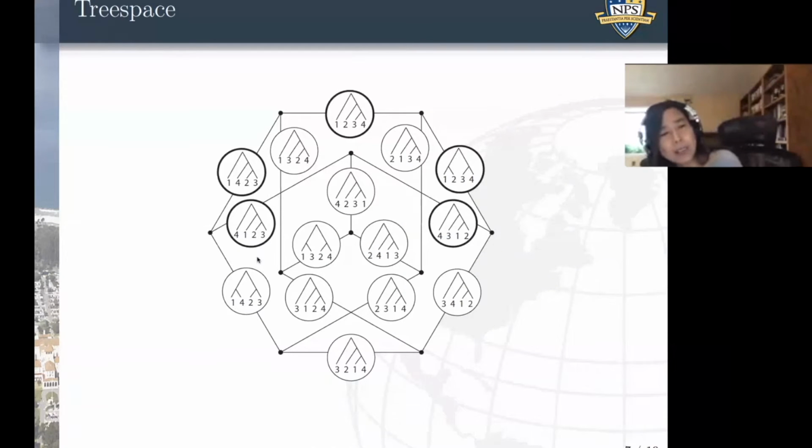The difficulty of the space of phylogenetic trees is that it sits inside a Euclidean space; however, the problem is that it's the union of polyhedral cones.